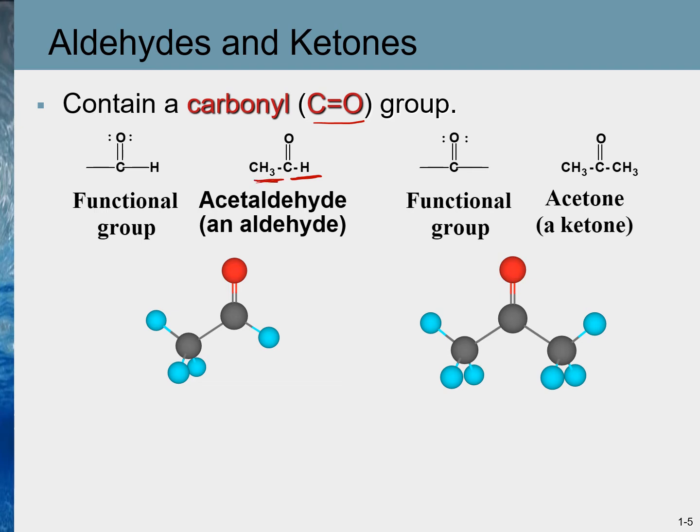So in other words, in an aldehyde, the functional group is C double bond O and H. In case of ketones, both sides of the carbonyl functional group are bonded to carbon atoms. Acetone is an example of a ketone.